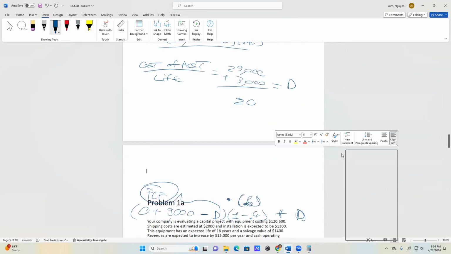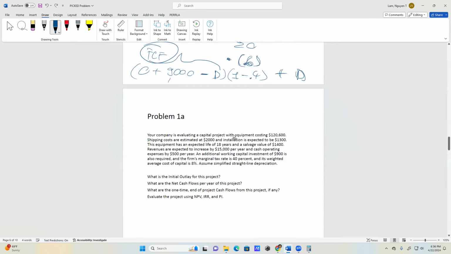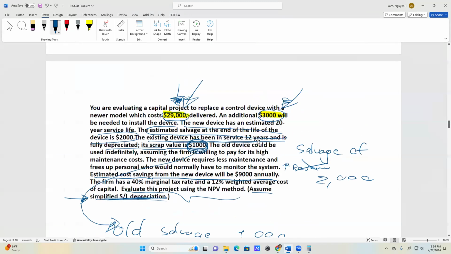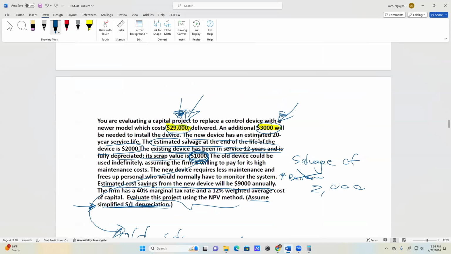All right. And let's try to find how we could find the terminal. So for the terminal, you need a salvage value of the new one, right? And what does it say?